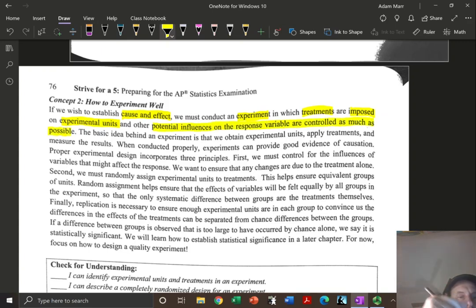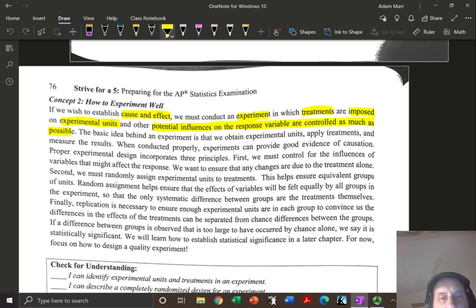So what we want to do is conduct an experiment. We want to have treatments that are imposed on the experimental units, otherwise known as subjects, right? And other potential influences on the response variable, such as confounding variables, are controlled as much as possible.